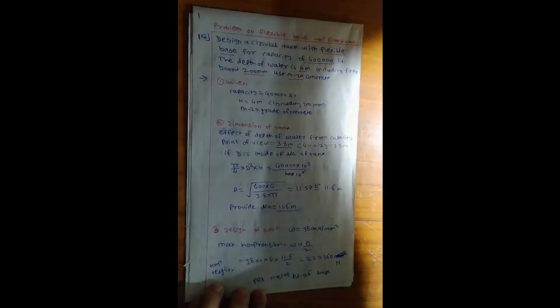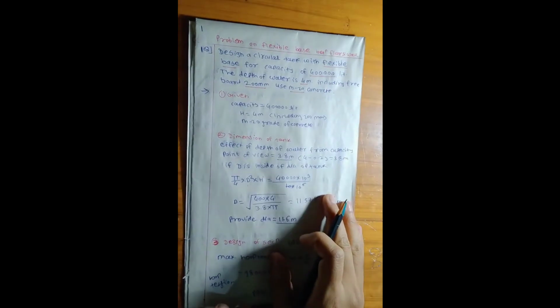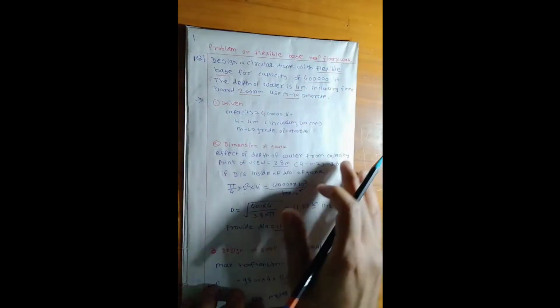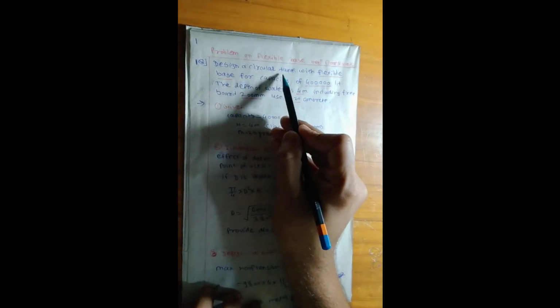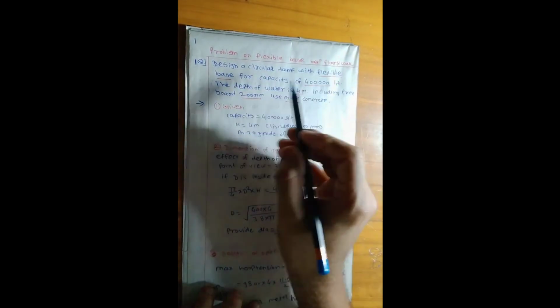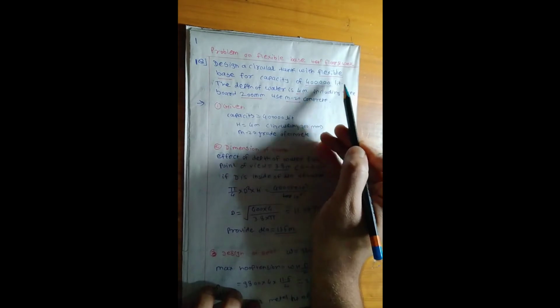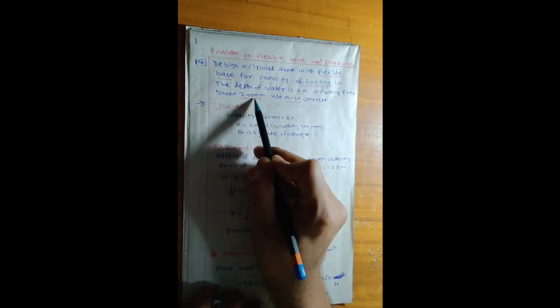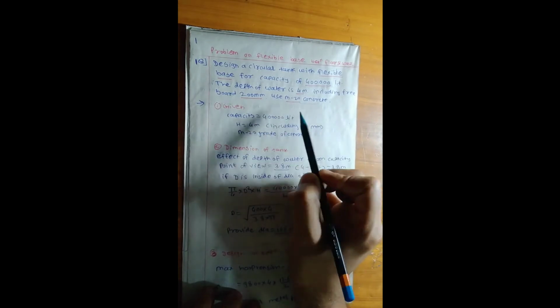Now we will see the problem of the flexible base of a circular water tank between floor and wall. Design a circular water tank with flexible base for a capacity of 4 lakh liters. The depth of the water is 4 meters including a freeboard of 200 mm, and use M20 grade.